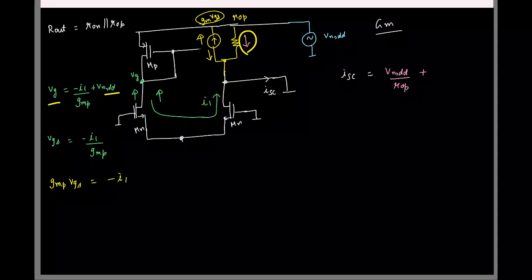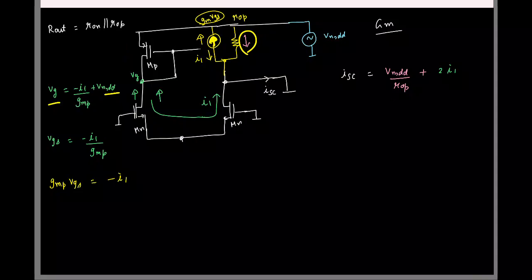So the current flowing up is minus I1, so this current is plus I1. So what is the total short circuit current now? It is 2I1. Fine, right? So now let's find the current I1.